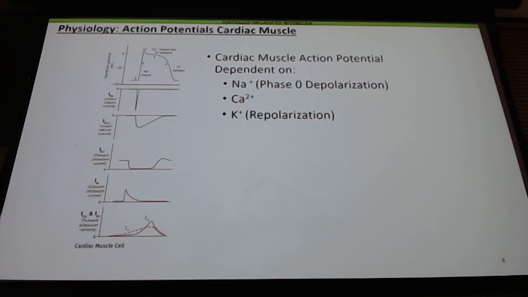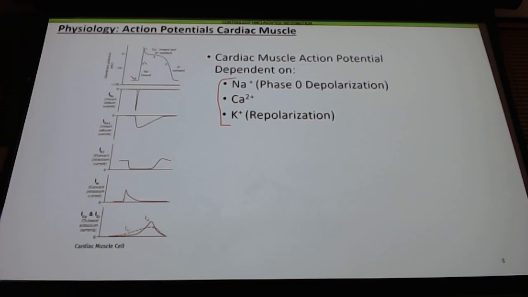Again, I don't expect you to label what phases things happen in. But what I do expect you to know about the action potentials is, if you have cardiac muscle, the ions or electrolytes required are sodium, calcium, and potassium. At the level of the cardiac muscle, you need all three.